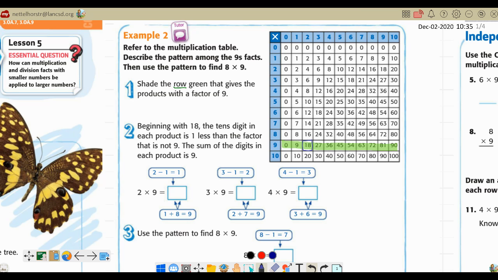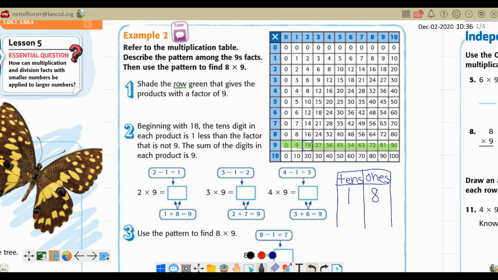Okay, so first of all, let's talk about place value. Place value chart. Okay, this is your ones column. This is your tens. So if we put 18 in this chart, 8 is in the ones place, 1 is in the tens place because it's 1 ten plus 8 ones.